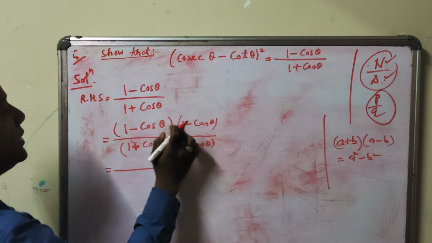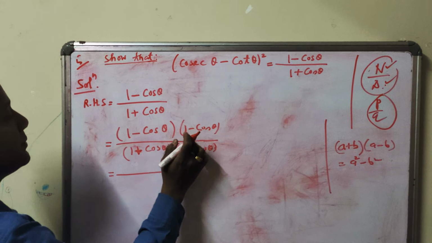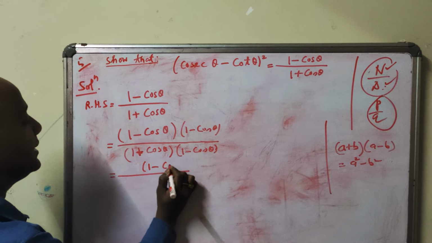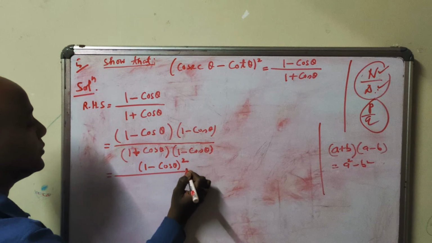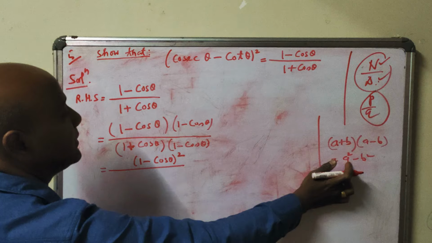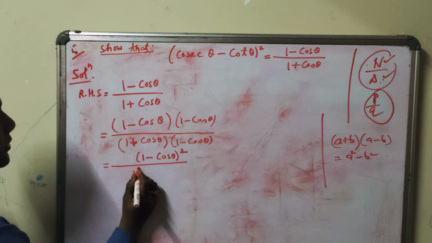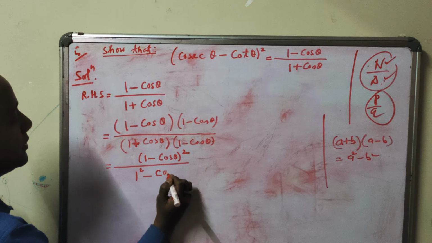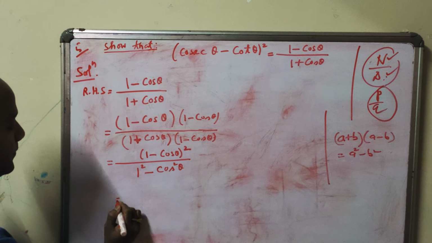So the numerator is 1 minus cos theta into 1 minus cos theta, which means 1 minus cos theta whole square. Here it is like a plus b into a minus b. So a square means 1 square, minus b square means cos square theta.